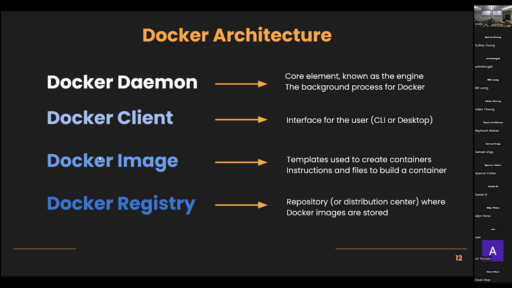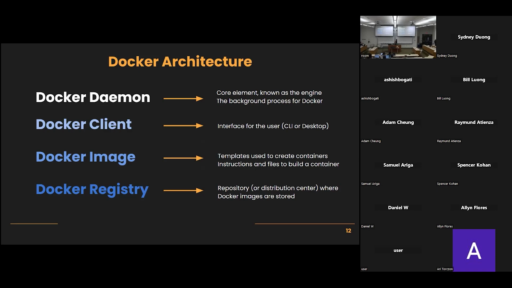And then you have Docker images. Those are templates that create containers. An example would be an Ubuntu image with Docker. It contains all the instructions and files that are needed for a container.